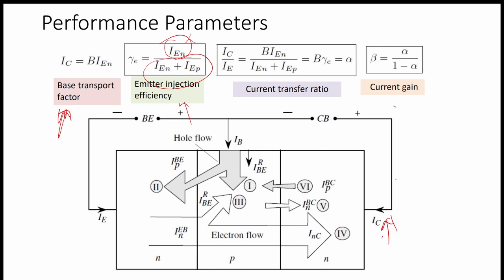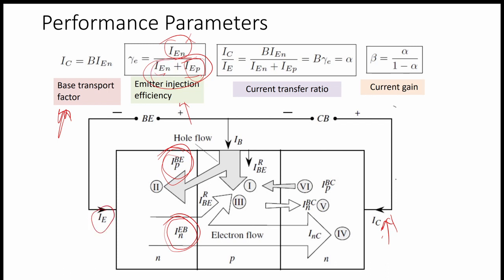The total emitter current is given by IEN plus IEP, where IEP is because of the holes. These two currents we are adding to get the total emitter current IE.